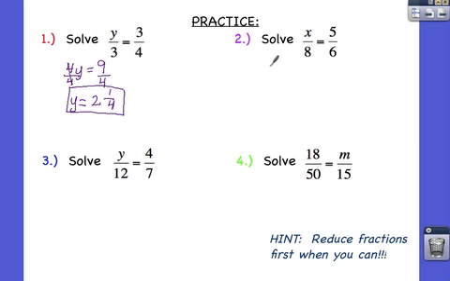Number 2, we have 6x equals 40. Divide by 6. 6 goes into 40 6 times, with 4 left over out of the 6. So x equals 6 2/3.